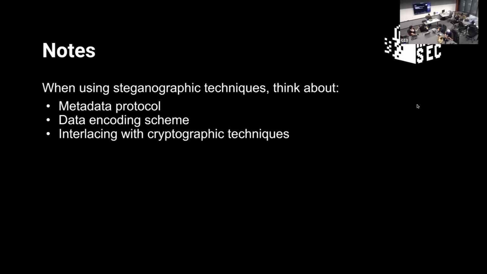You might want to think about how you can combine that with cryptography, maybe putting an encrypted message in the image, so you don't know that it's something of value. So without further ado, let's look at the first challenge.